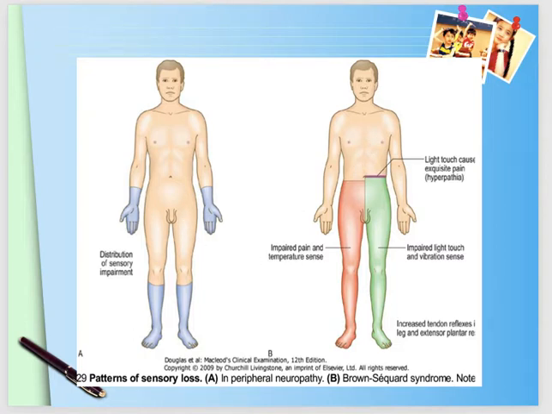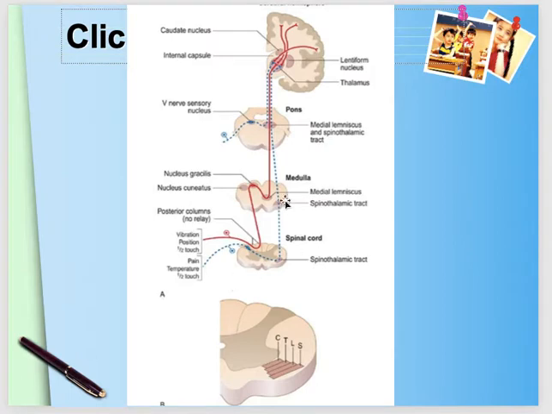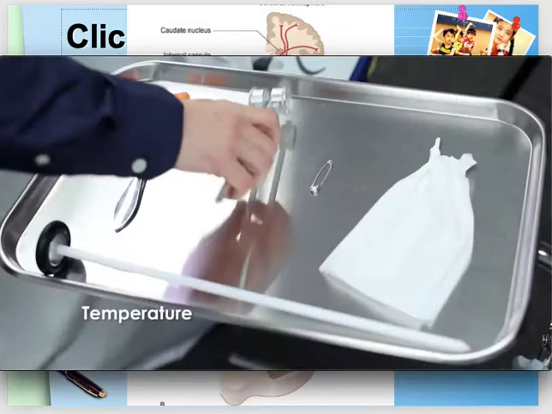In these patients half of the spinal cord is damaged, so some fibers will be intact but these fibers will be cut. On the same side, the fibers going up, the fast sensations, will be affected, but pain and temperature will be intact. Okay, so let's continue and see what we will see in the video.